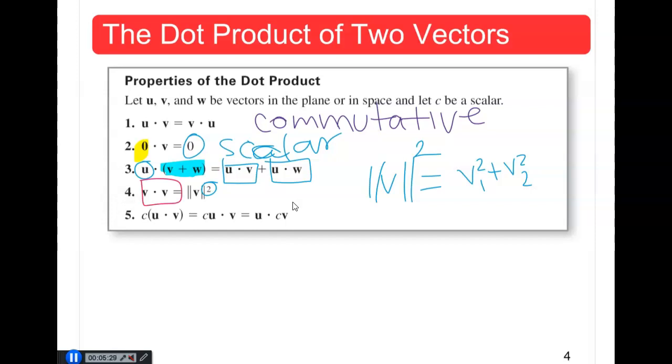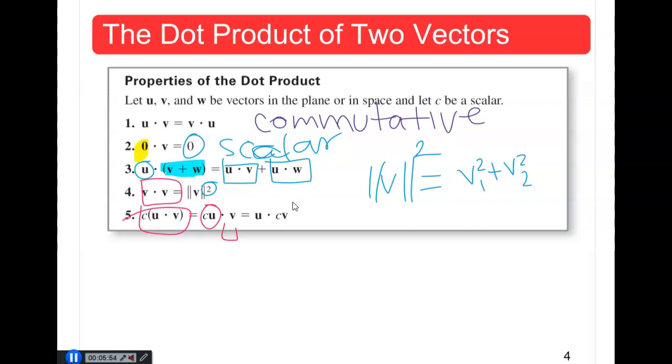Number 5, we have a scalar, that's c, and we have the dot product of vectors u and v. So in this case, you could do the dot product first, and then at the end distribute the scalar. That is the first option that we have here. Or you could distribute the scalar to one of the vectors and then do the dot product.